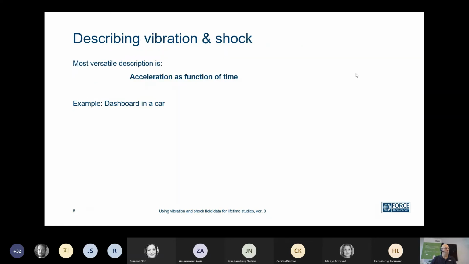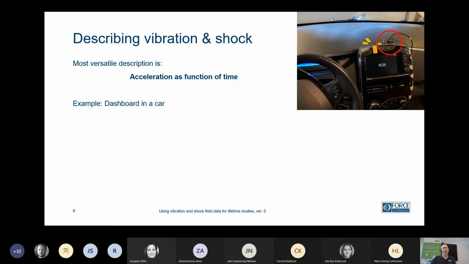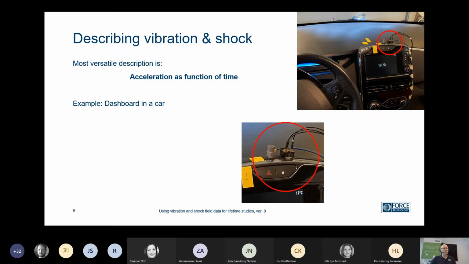Let's go on. When we have to describe vibration and shock, we can do that in many ways. From my point of view, the most versatile description is to indicate acceleration over time. For instance, if we have a dashboard in a car, we can mount, as we see in the red circle here, some accelerometers, sensors that can measure acceleration.